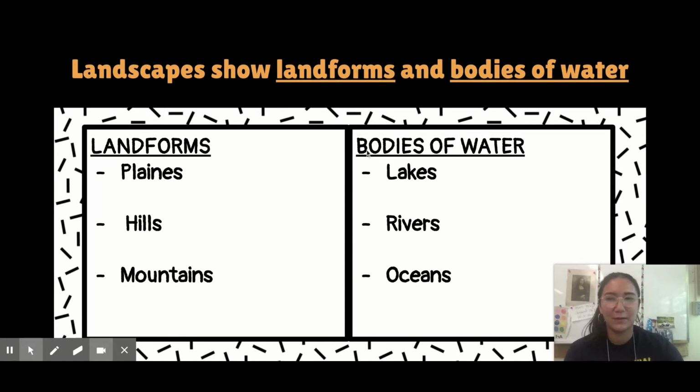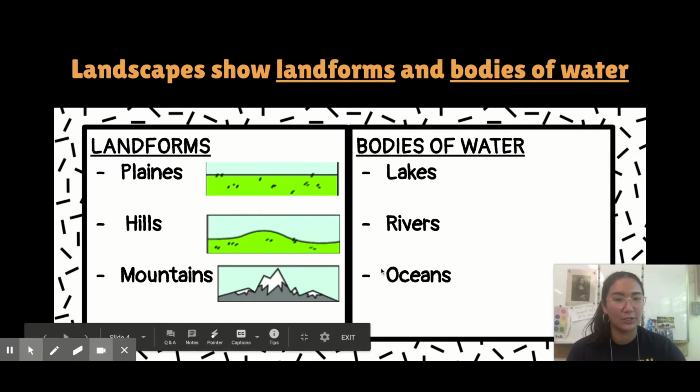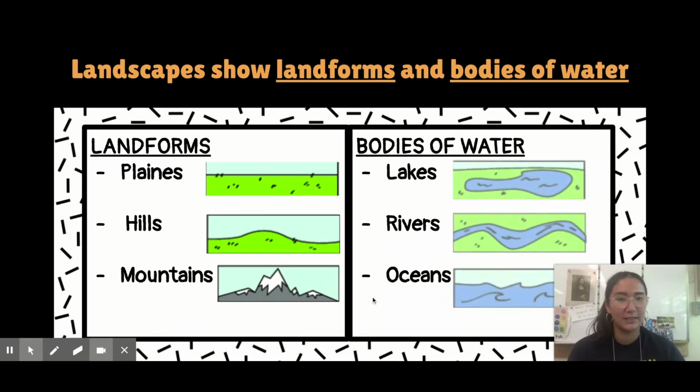If you can think back to what we've been doing in social studies, you know that your landforms are going to be your plains, hills, and mountains. And your bodies of water are your lakes, rivers, and oceans. And all of those, or some of those, are present in the examples that I just showed you. So a landscape will almost always show a landform or a body of water or both.